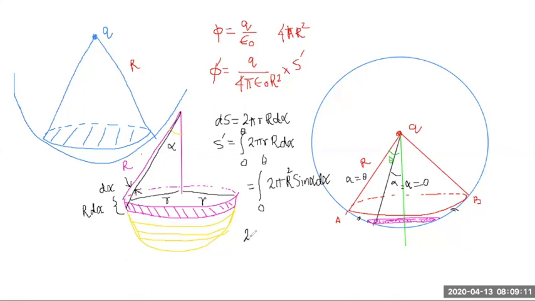If we do the integration, 2 pi R squared will be out of the integration, and the integral of sine alpha d alpha is minus cos alpha.